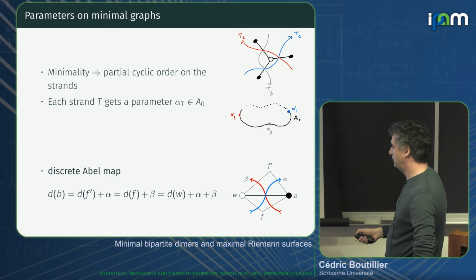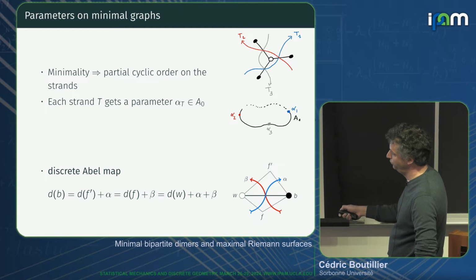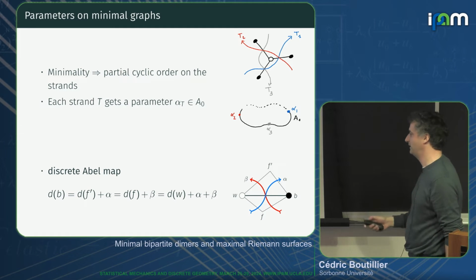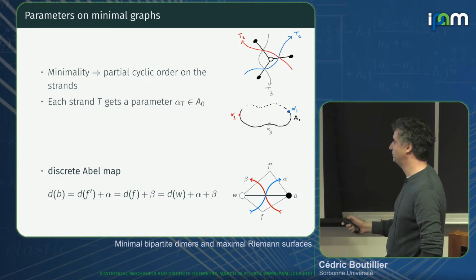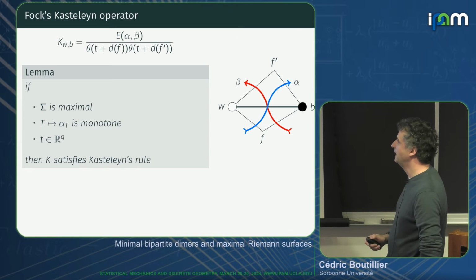You start from a point somewhere, and okay, maybe I start from this point. And then every time you cross a train track, you add or subtract the parameter of the train track, depending on the convention that I will not spend time to explain, but it's a crucial object.